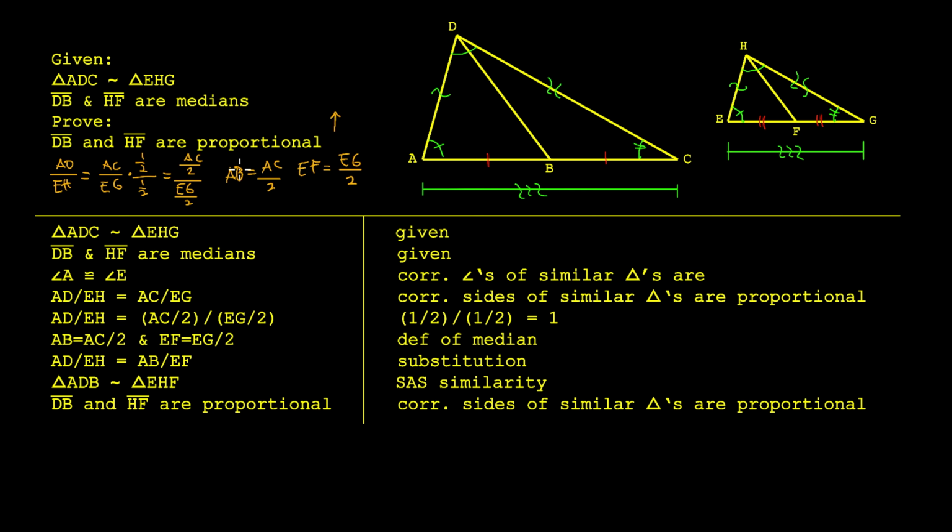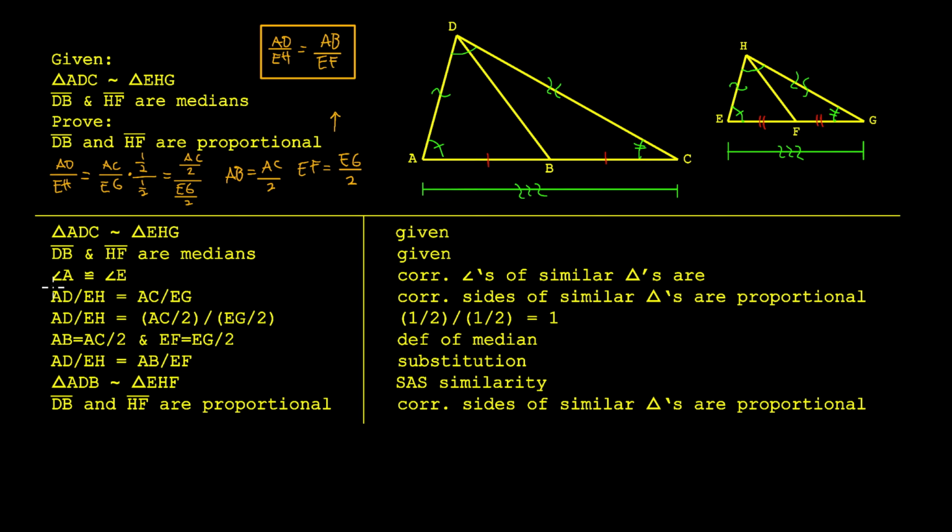And then substituting in AB for AC over 2 and EF for EG over 2, we have AD over EH equals AB over EF.